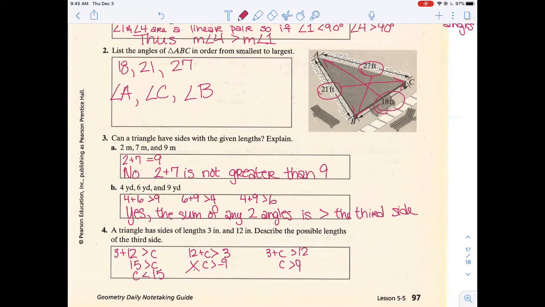So C has to be less than 15 and greater than 9, because that will make the triangle inequality work. There we are.